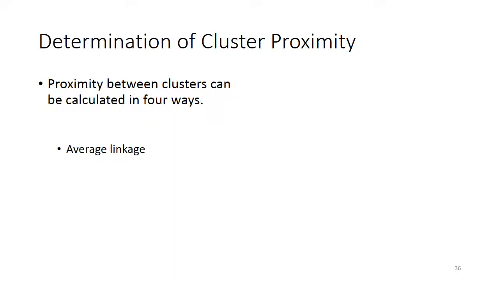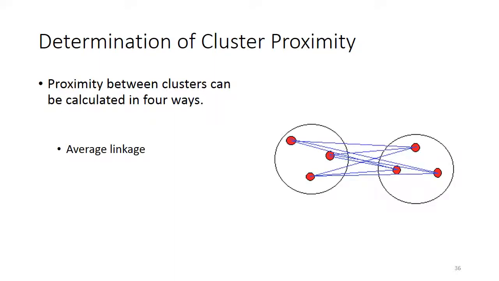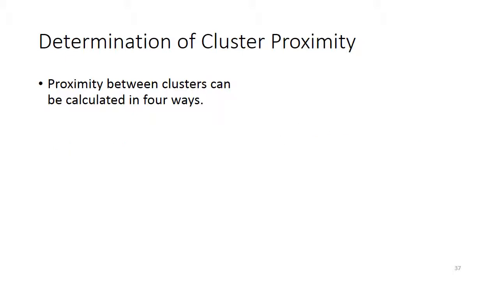And then we have average linkage, in which the distance between all points in all clusters is calculated, and the two clusters with the shortest average distance are then grouped. So the distance between all points and all other points are calculated, and the average between each of the clusters is determined.